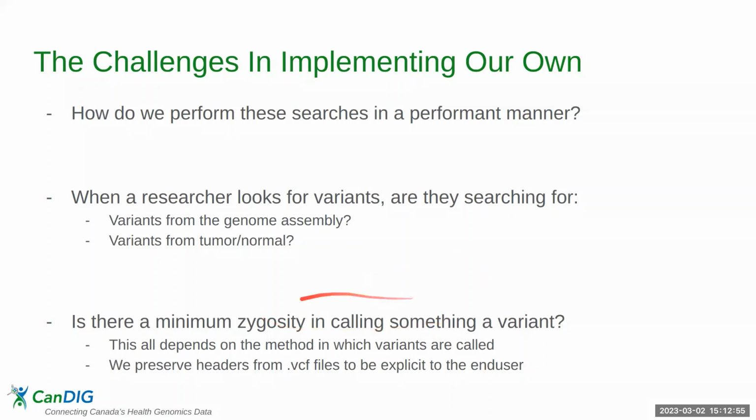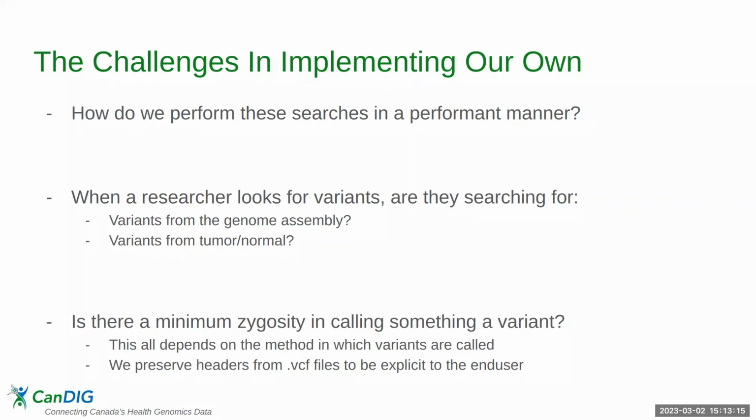Moreover, there was a question of zygosity. I forgot to describe zygosity, but you know how every human has 2 copies of every chromosome. Are we looking for complete heterozygosity, which is to say, are we looking for the variant to always be in one of the 2 chromosomes?